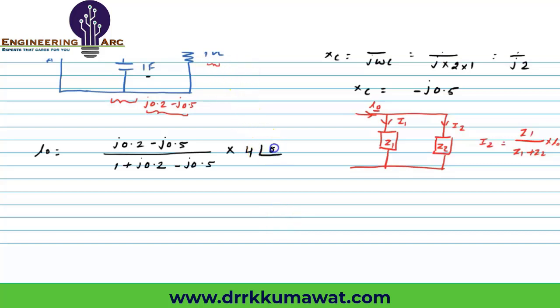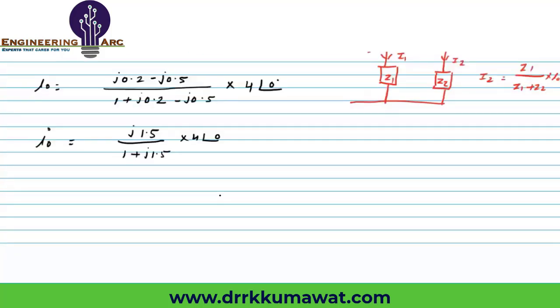Then by solving, I0 equals j1.5 upon 1 plus j1.5, into 4 angle of 0 degree, right?